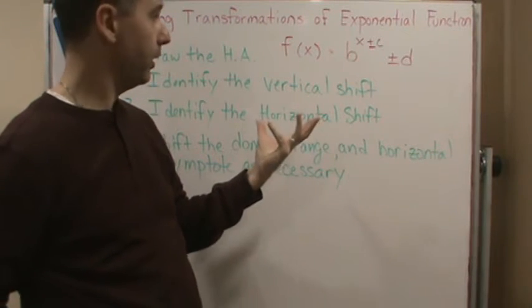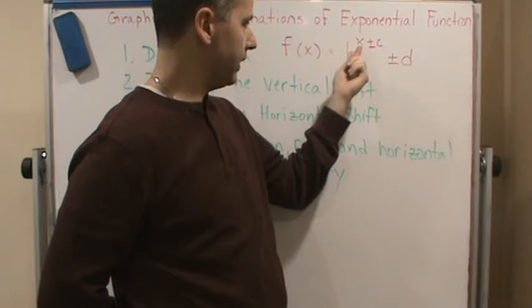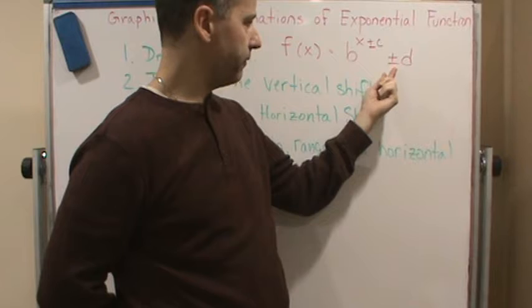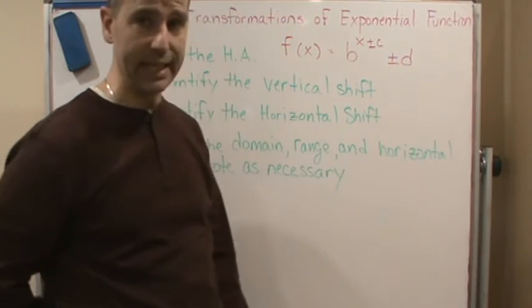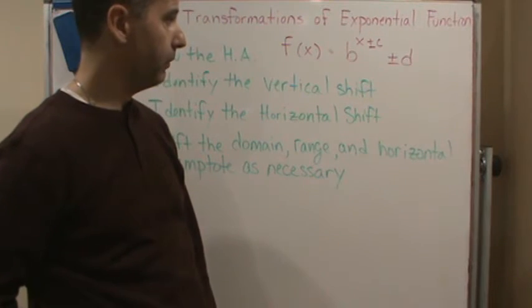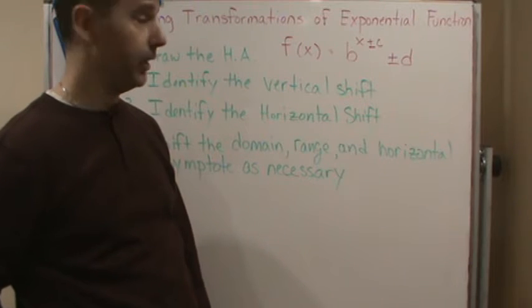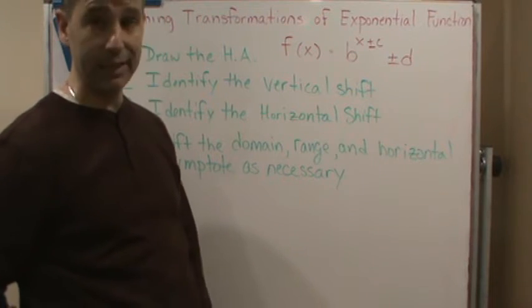So we could have b to the x plus or minus some constant c, and then outside the function some plus or minus d constant. And so we could have both shifts going on. It's common, and we have to deal with those.